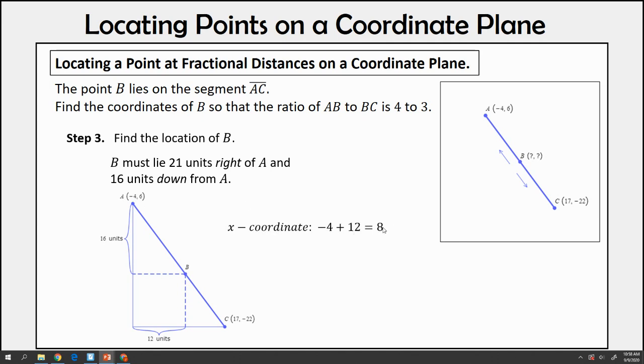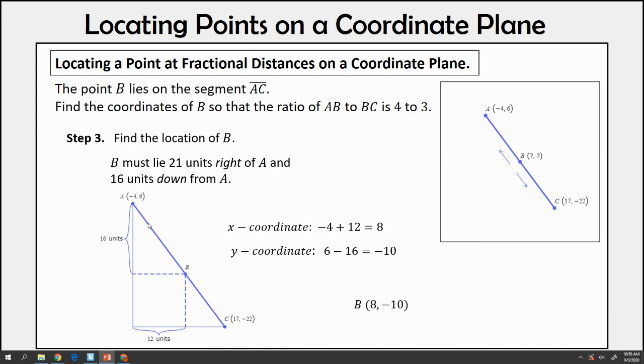So that's going to be a new coordinate of 8. We want to go down 16 units. So that's subtract 16 from the A coordinate of 6, because that's the point we're moving off of. So 6 minus 16 is -10. So the location of point B is going to be at 8, -10.